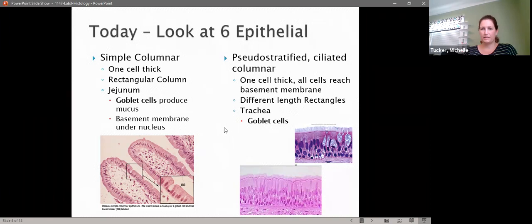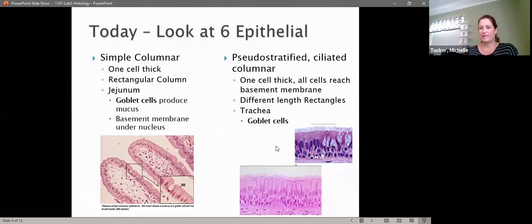With pseudostratified ciliated columnar epithelium, yes, it's a mouthful, the distinguishing characteristic is really going to be these cilia. The slide specimen you're given is probably going to look like this one, or like this one, but there's going to be a huge focus on showing you that there are cilia, because we're not trying to trick you between these two.